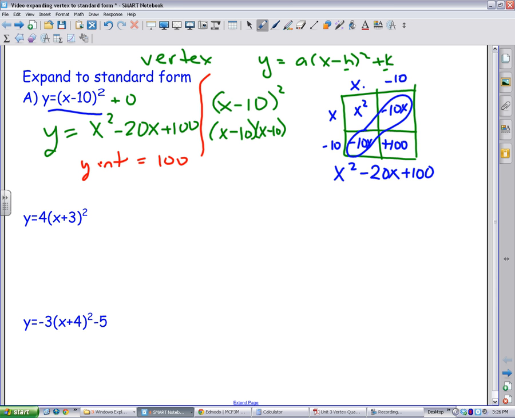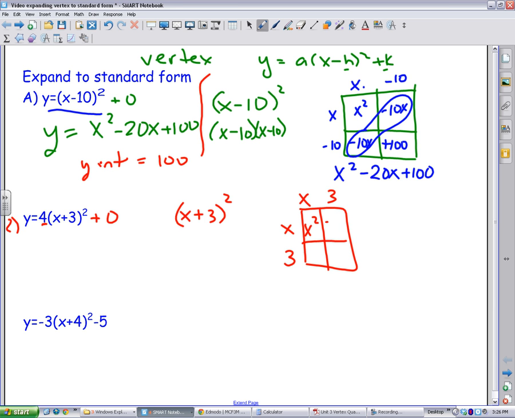Okay, looking at the second example, again there's no k value, but I have a value for a which is other than 1. So I'm going to have to multiply my window method by 4 when I'm done. So first we'll expand (x plus 3) all squared, doing the window, x, 3, x, 3.